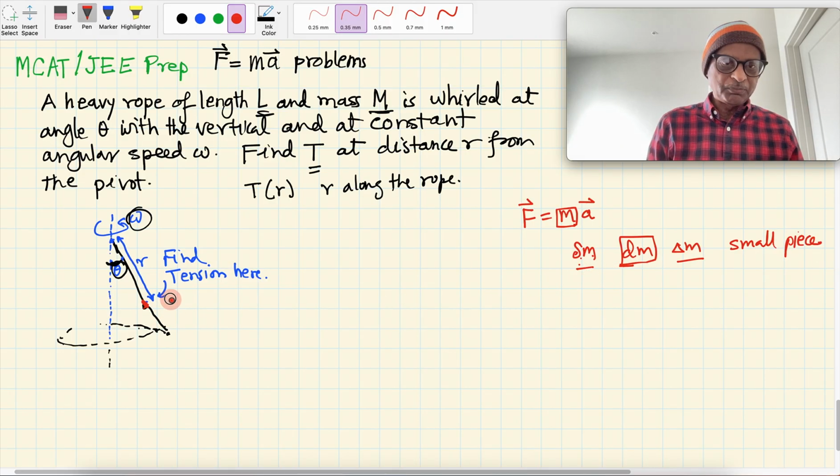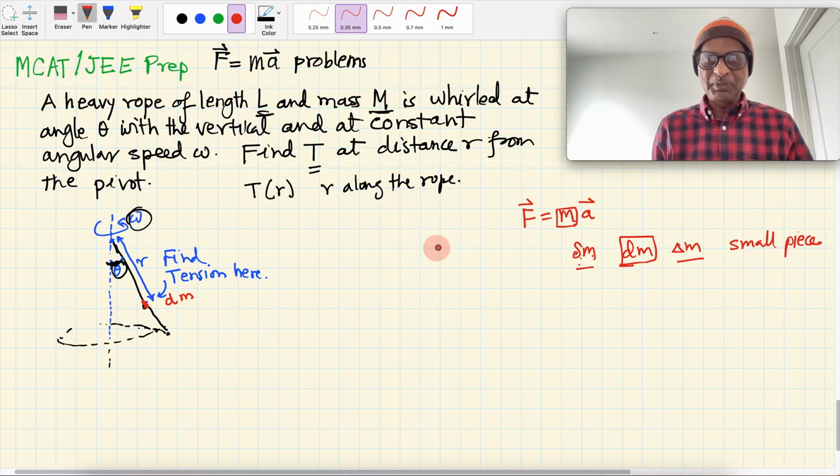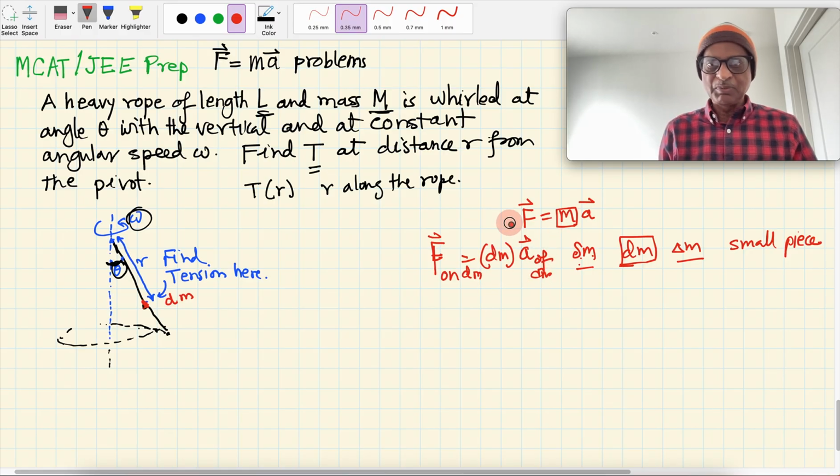So I look at a small piece. I'm going to call it dm, and so the equation I want to write is F on that dm equals that dm times acceleration of dm. So that's the equation. So I need to just figure out F and things like that.